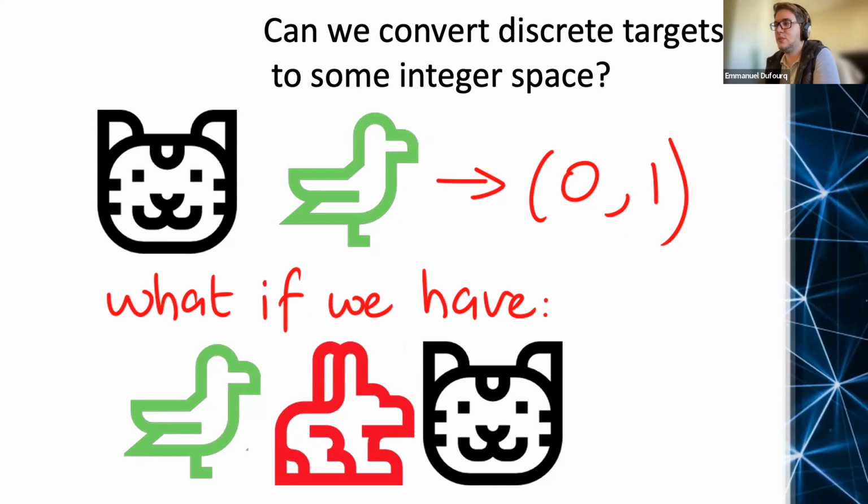In other words, we don't want the model to think that 2 is bigger than 0 or that 1 is less than 2. So we need to have a smart way of dealing with how we're going to represent our targets such that we can have good comparisons, and such that the model doesn't think that there's numerical meaning in the target.